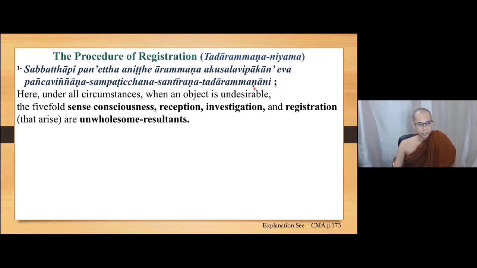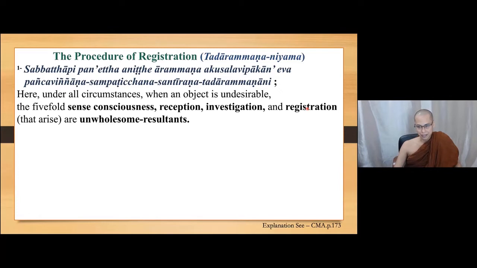So four types of sense-sphere consciousness: the five sense consciousnesses, called Pancavinnana, or in another way, Dvipancavinnana, two sets of five sense consciousnesses. Another type is Sampaticchana, receiving consciousness, and Santirana, investigation consciousness, and Tadarammana, registration.